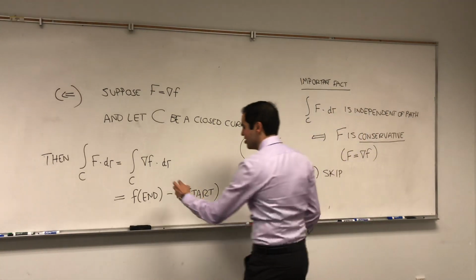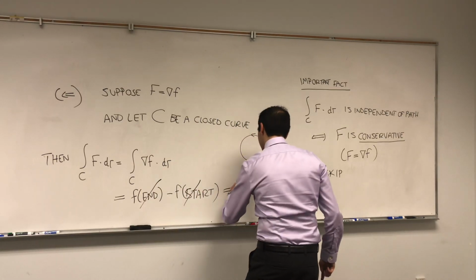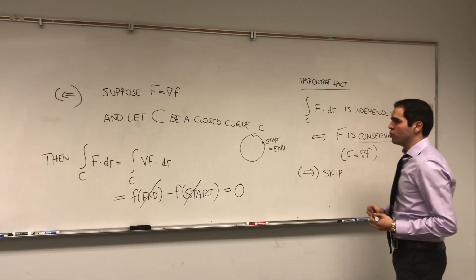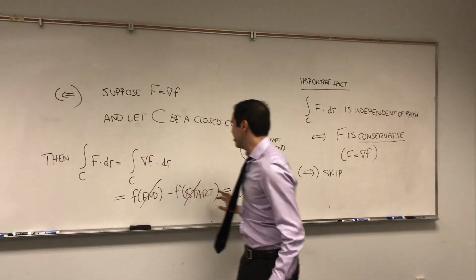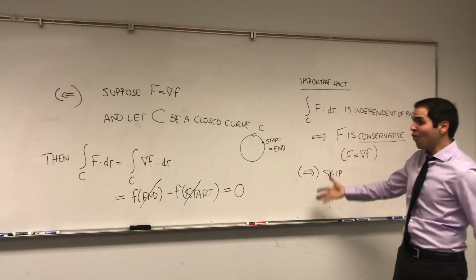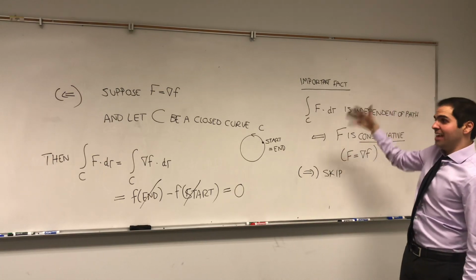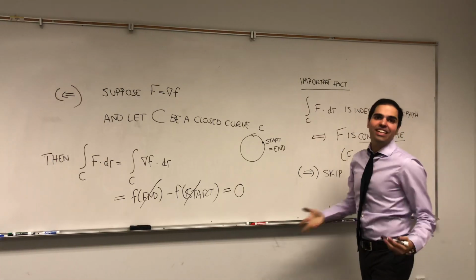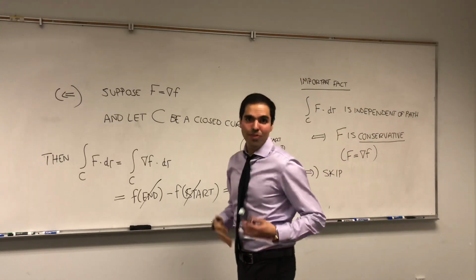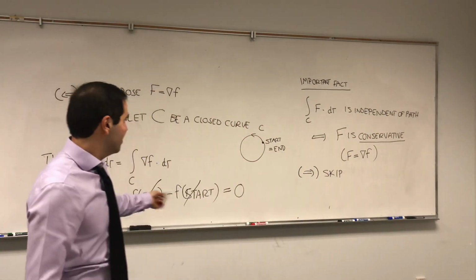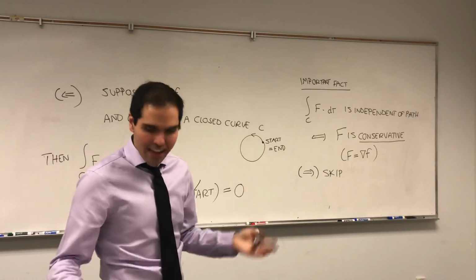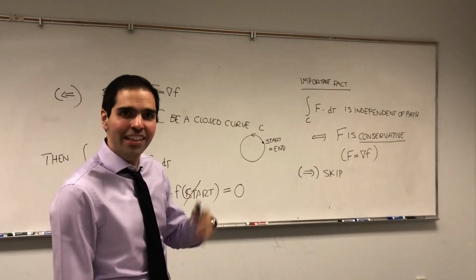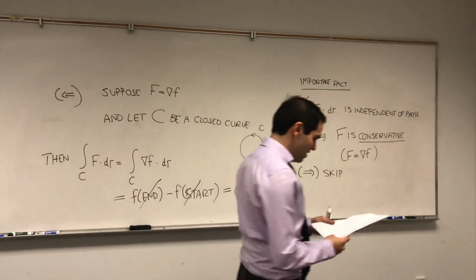So in fact, this is 0. So what have we shown? For any closed curve C, the line integral is 0. Therefore, by our other test, the line integral is independent of path. And then you're done. So you see, it's this beautiful thing about this little test, which seems to have nothing to do with anything, but it is true.